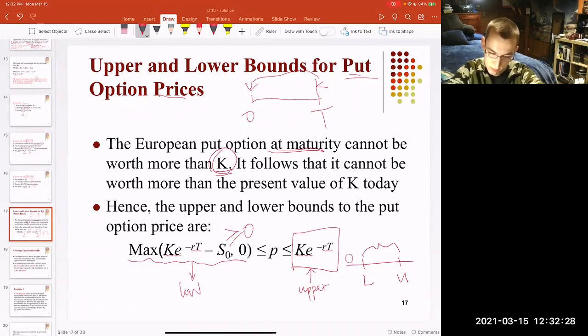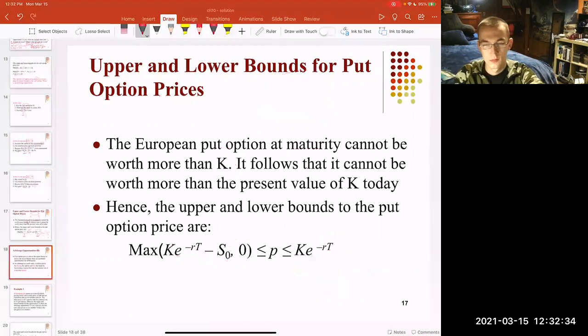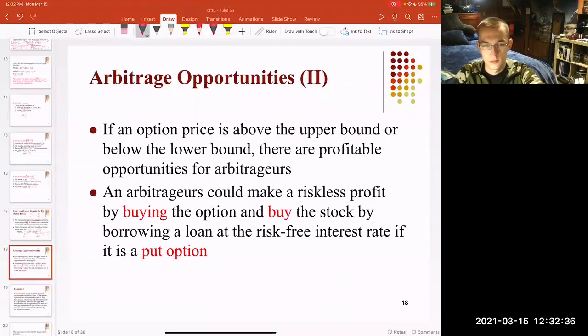But if it is lower than the lower bound or higher than the upper bound, there is an arbitrage opportunity. If the option price is above the upper bound or below the lower bound, it is a profitable arbitrage opportunity for the arbitrageur. The arbitrageur could make a riskless profit by buying the option.